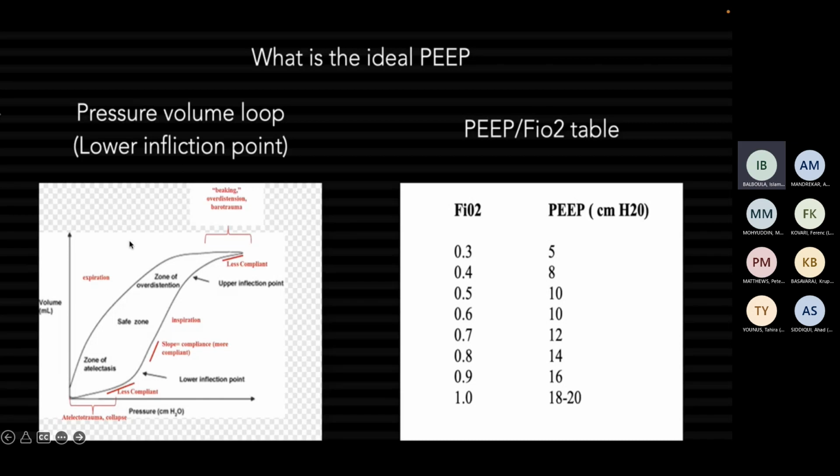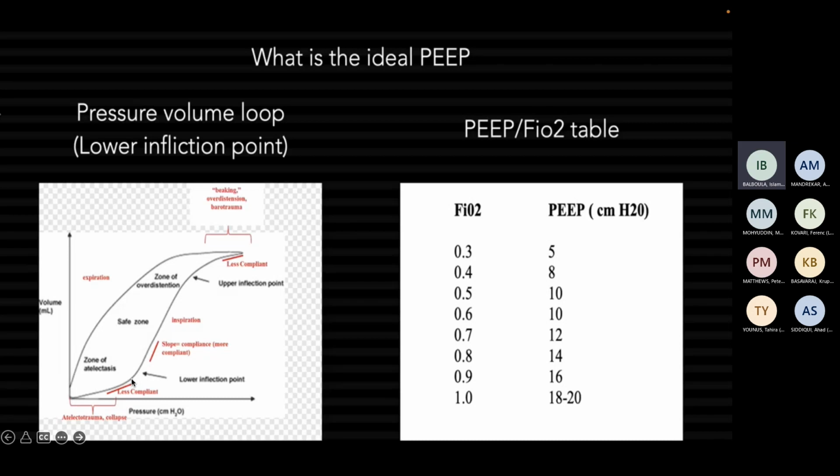This is the pressure volume loop we can find on the ventilator. This represents the inspiration, and this is the expiration. On this part of the curve, when we increase the pressure, there's not too much increase in the volume, and here suddenly there's a dramatic increase in volume with increasing the pressure.